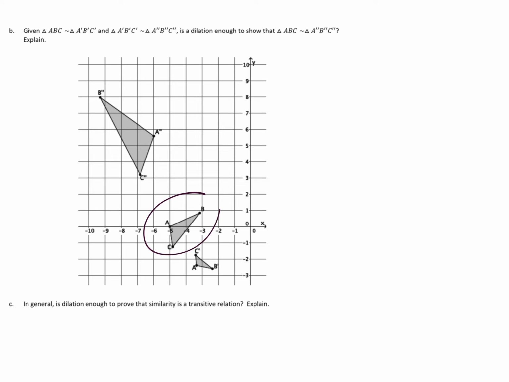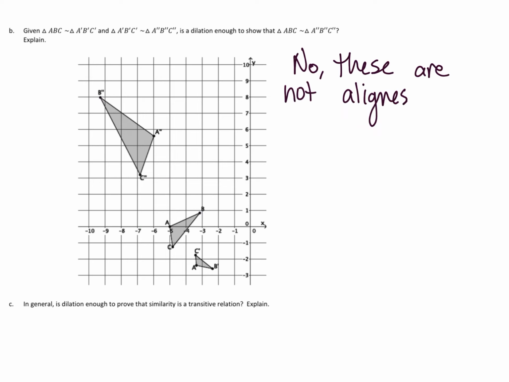B, given ABC is similar to A prime, B prime, C prime, and A prime, B prime, C prime is similar to the double primes, is a dilation enough to show that the original is similar to this one? If I were to draw a line connecting A and A double prime, B and B double prime, and C and C double prime, are they all going to cross in the same place like they do on this last problem?